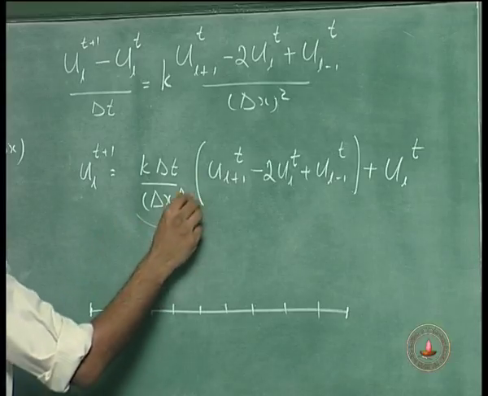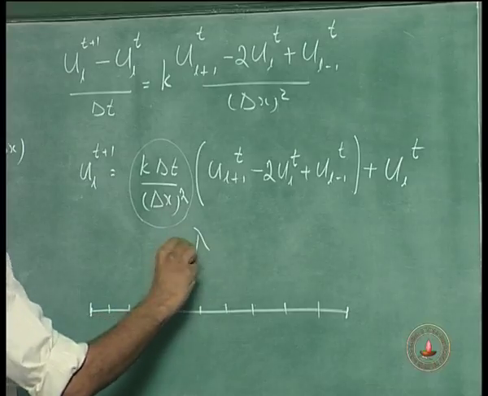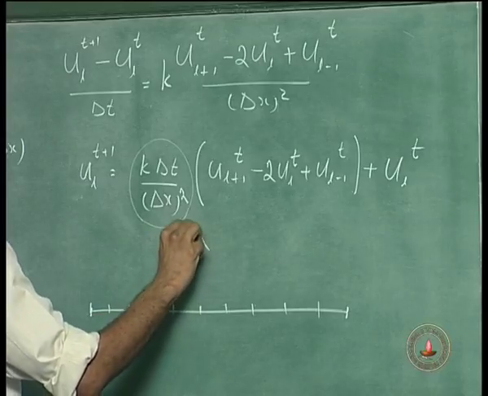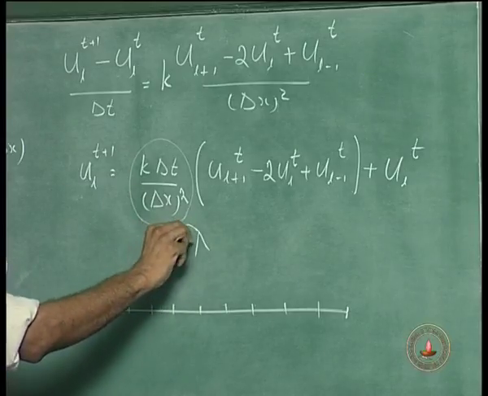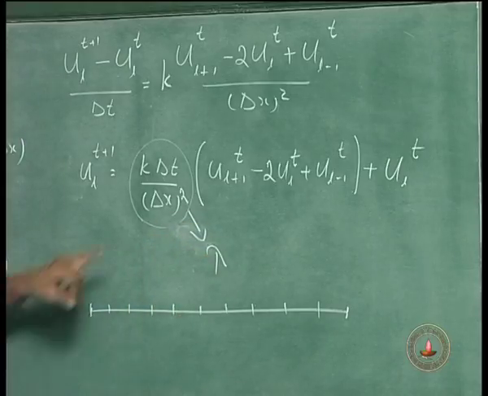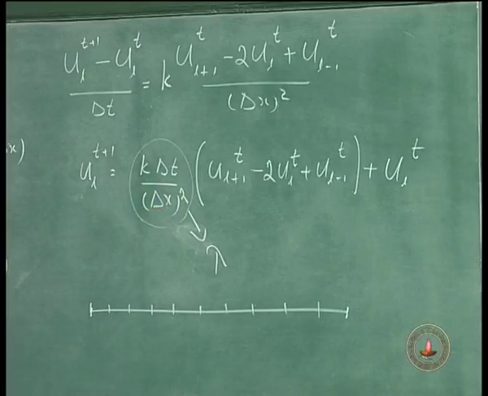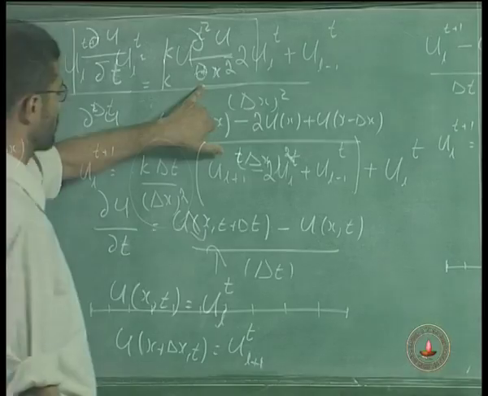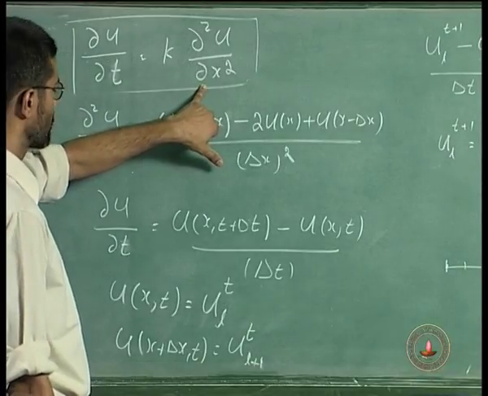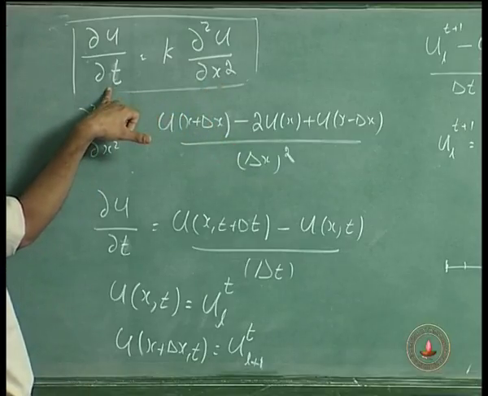Now this particular parameter is called lambda: k times delta t by delta x whole squared. Note that one problem with this equation is that it is second order in the space variable and first order in time.